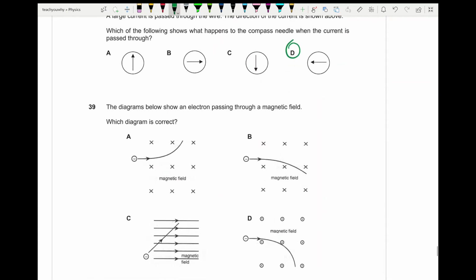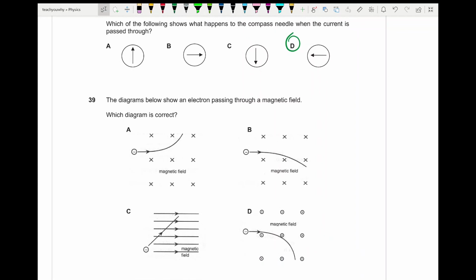Okay. So which diagram below shows an electron passing through a magnetic field? Which diagram is correct? Now, take note. One thing that most students get wrong is for electrons. If I have a negative charge that is flying here, my current I is considered here.